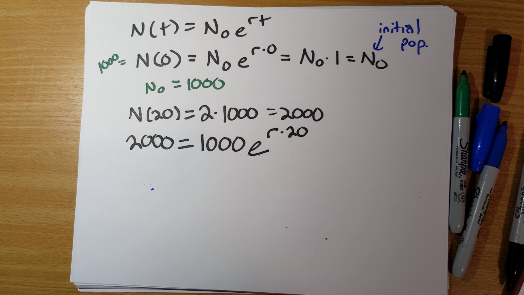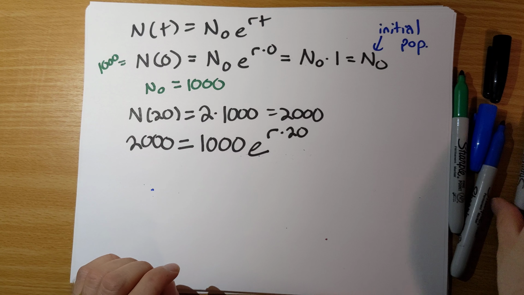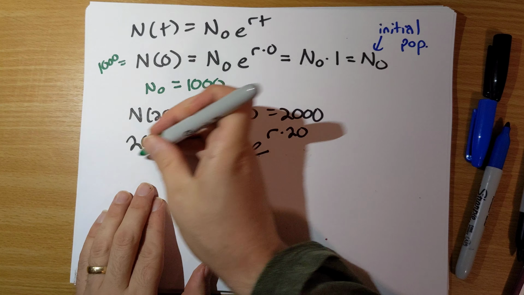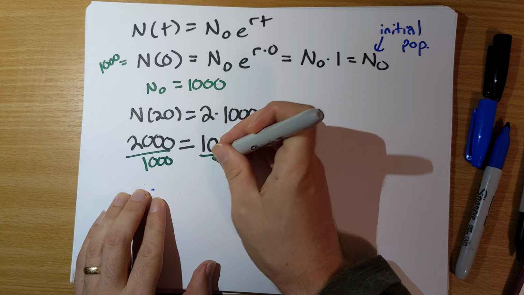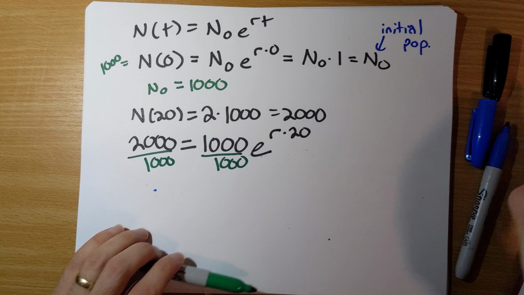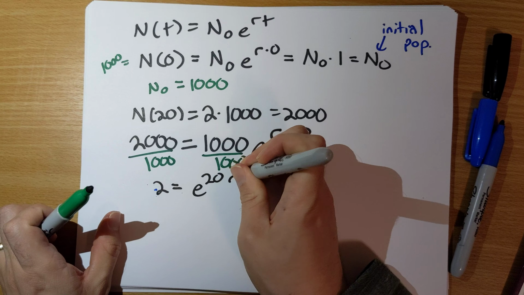We need to solve this for r. How do we do that? Well, first, let's divide both sides by 1,000. And so we are left with 2 is equal to e to the 20r.